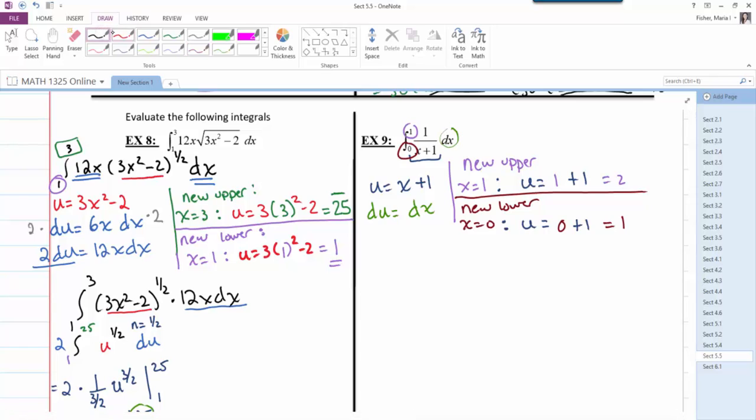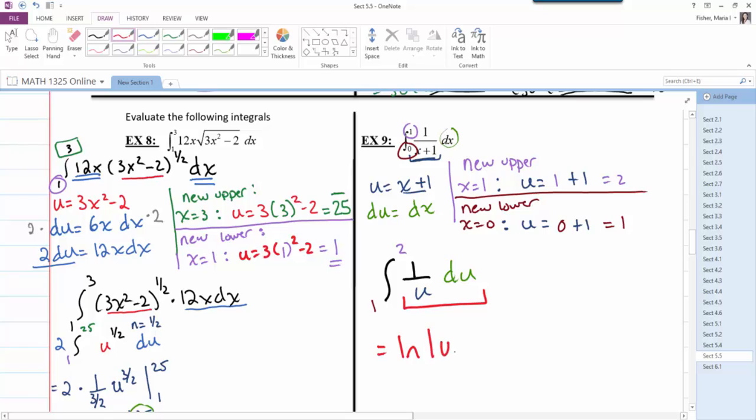So then if I transform this whole entire integral, we're looking at the integral from 1 to 2 of 1 over x plus 1. Recall that this is equal to u, and then du. Well, the integral from 1 to 2 of 1 over u du, I know that this is going to be the natural log of the absolute value of u, and now this gets evaluated from 1 to 2.